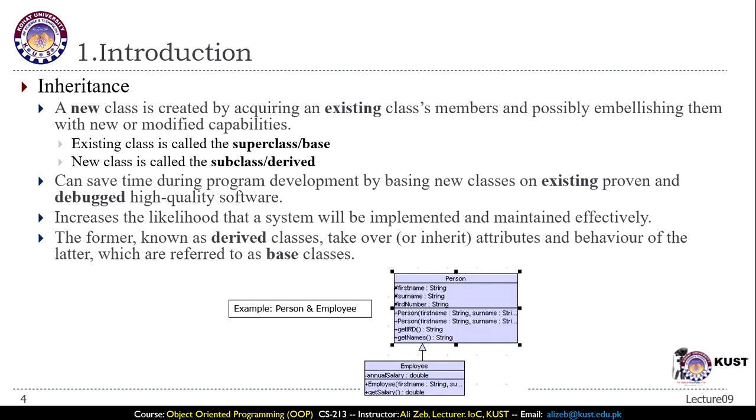So for example, we have a class Person, and the Person has these details. We can see in this UML diagram that the class diagram for the Person has the first name, the surname, and an ID number, and these are all of type String.